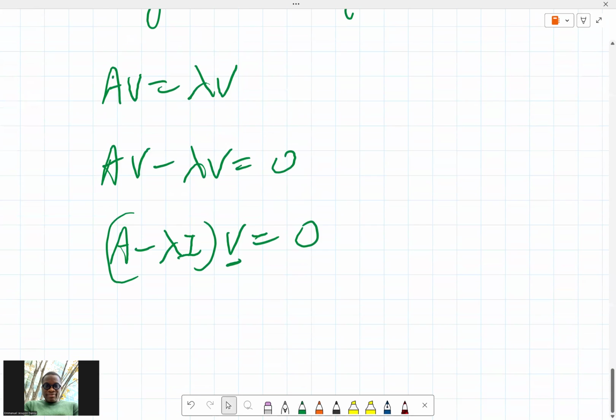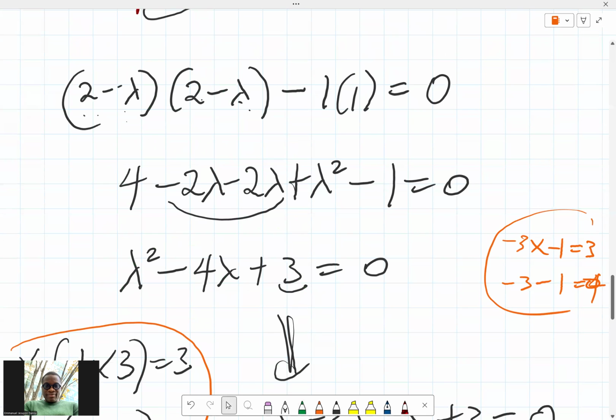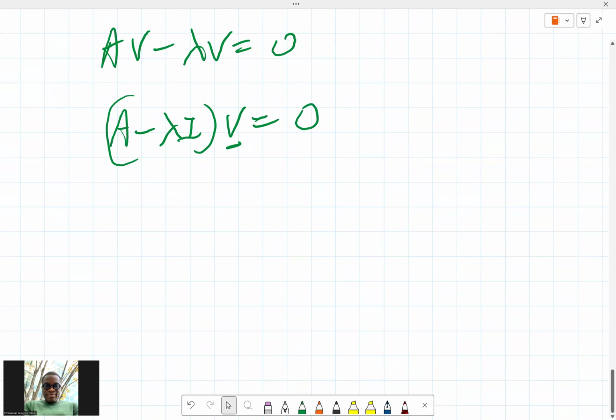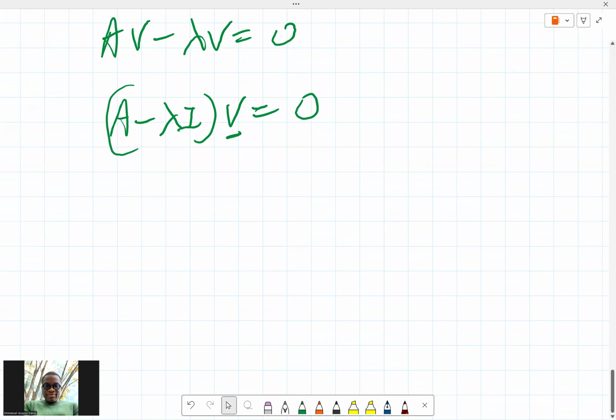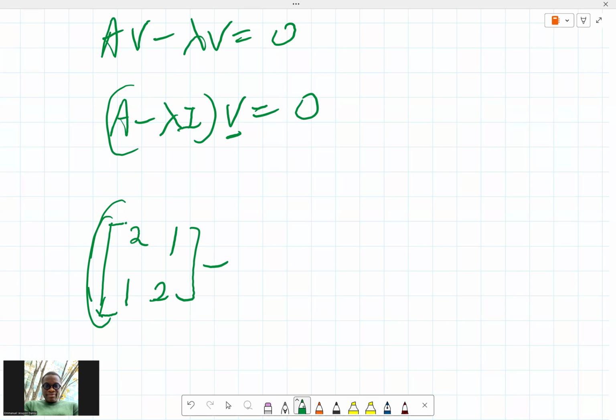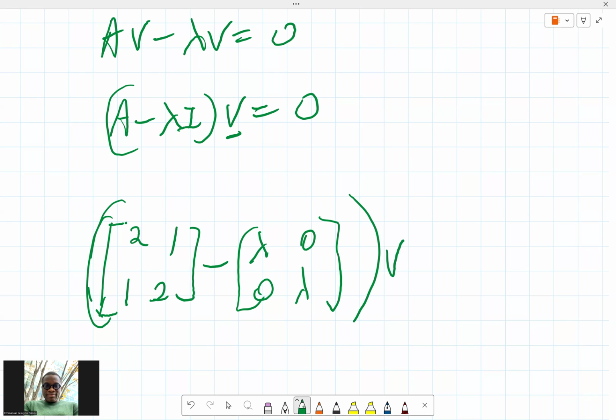So if you remember what we also had up there, A minus lambda I is basically the matrix A, which is 2, 1, 1, 2, minus lambda I, which we already know is lambda 0, 0 lambda. Then we have v, which we are actually looking for right now.